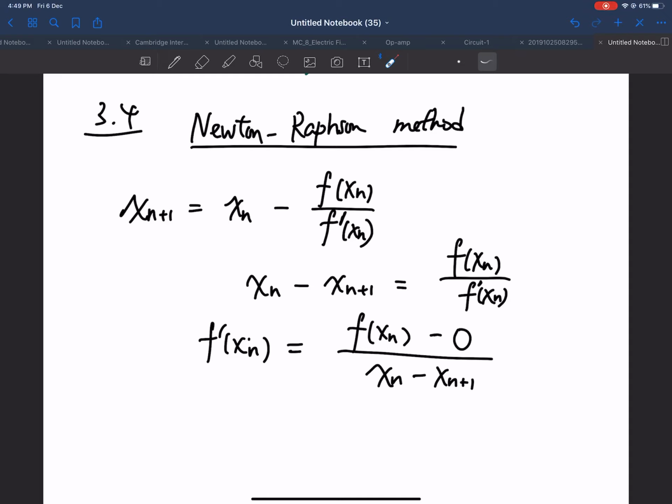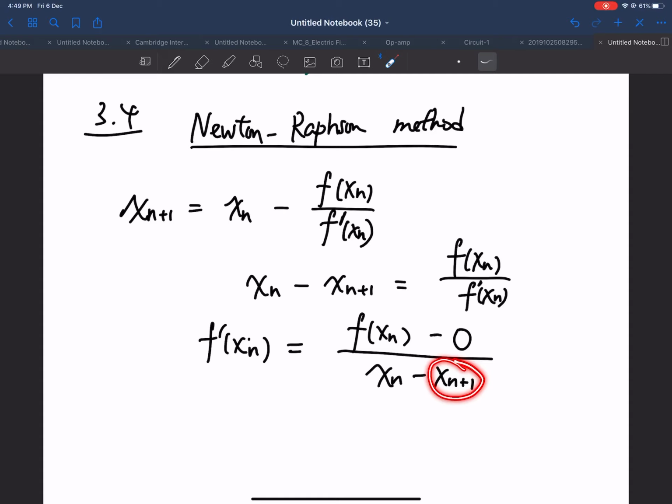So the next one: what is this x in x_(n+1)? The x stands for the x coordinate, like the function of x is the formula of the line, and x is the point.